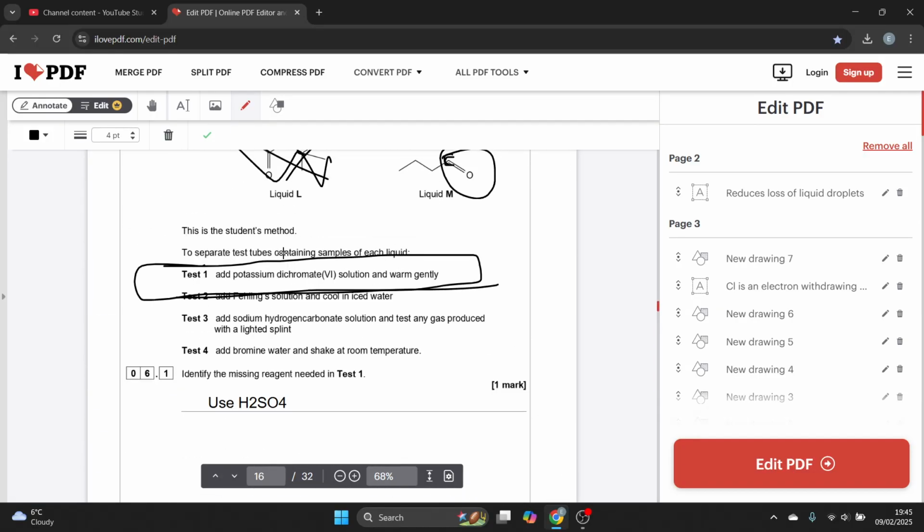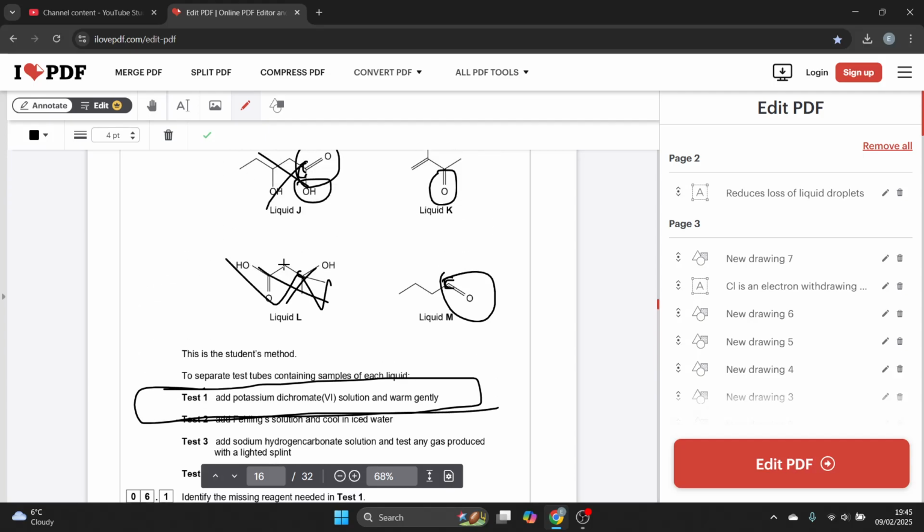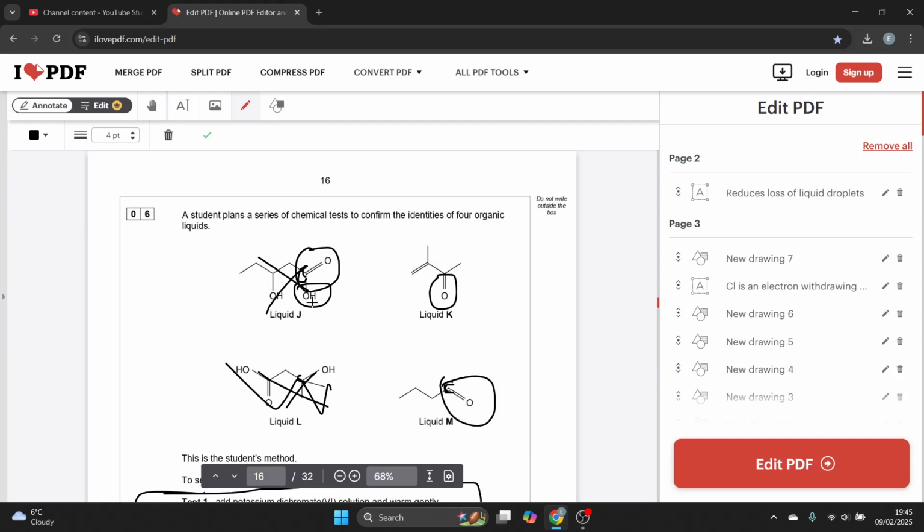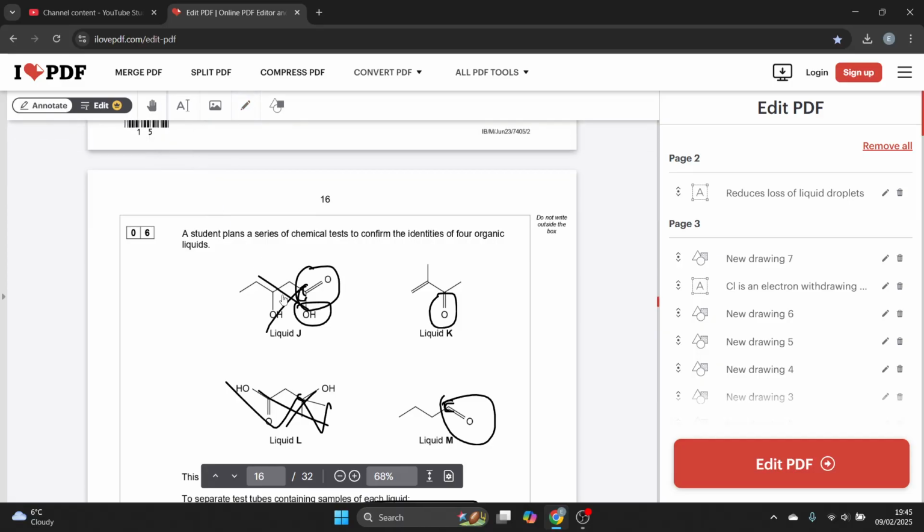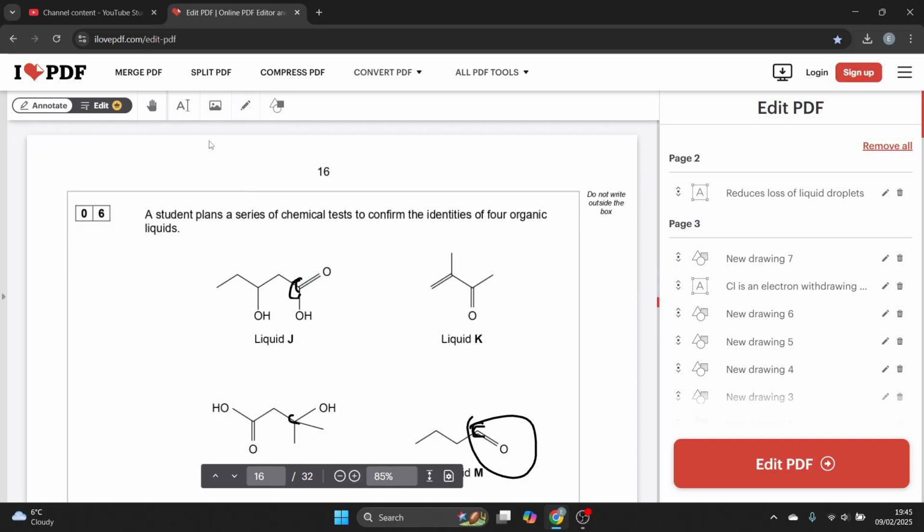Add bromine water and shake at room temperature. What does bromine water test for? It tests for the presence of double bonds. And if I look at here, which one is it going to be?